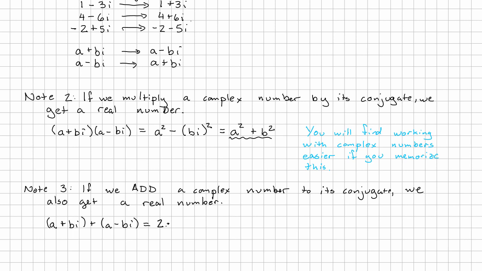We get 2a plus 0i, so just 2a. Again, you don't have to memorize this, but you might find life easier if you do. All right, bringing this back to dividing complex numbers. I'm going to show you another example, and then I'm going to give you one to try.